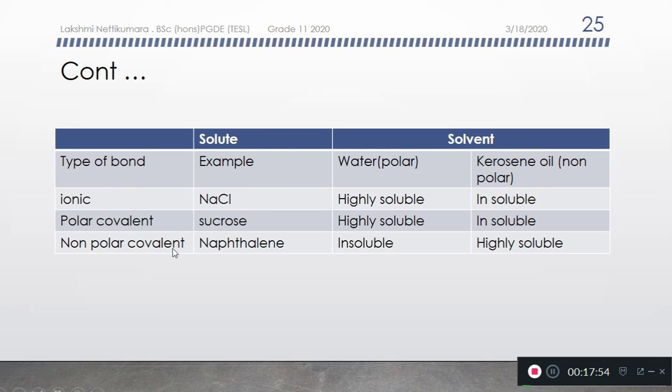Non-polar covalent compounds like naphthalene are insoluble in water-like polar solvents, highly soluble in non-polar solvents. This gives you an idea that solubility depends on the nature of the solute and the solvent.